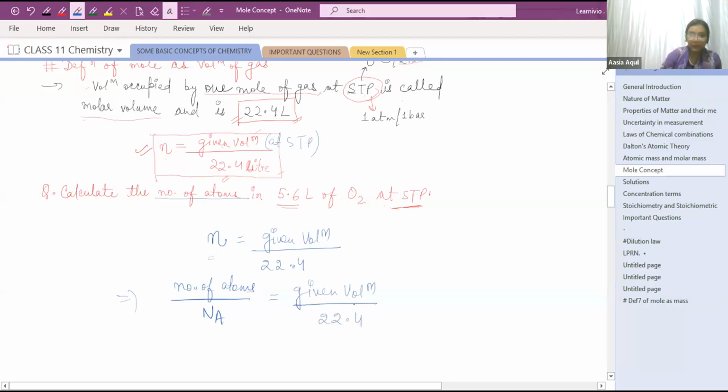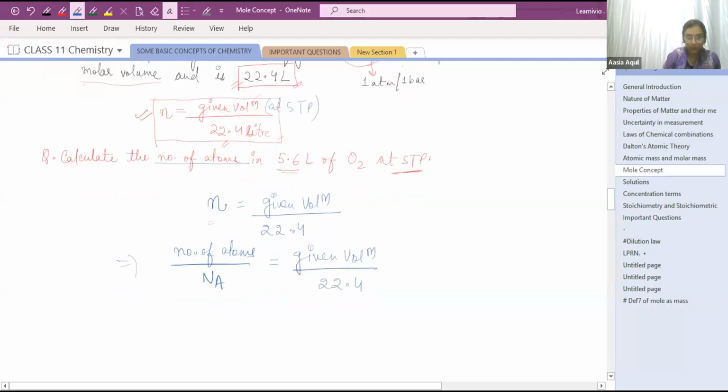Now substitute the value of given volume and Avogadro number. Number of atoms divided by the value of Na, which is 6.022 into 10 to the power 23, equals the given volume, 5.6, divided by 22.4 liter.